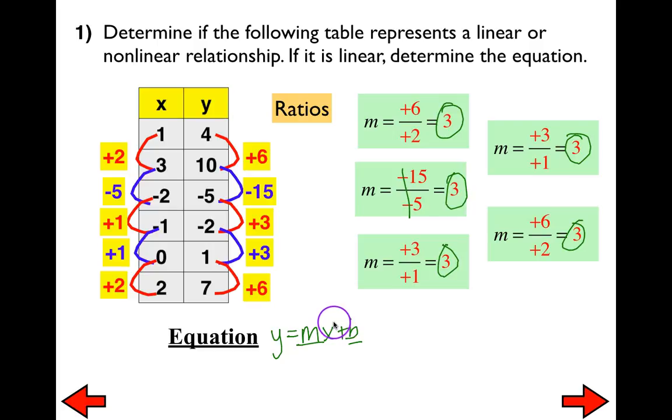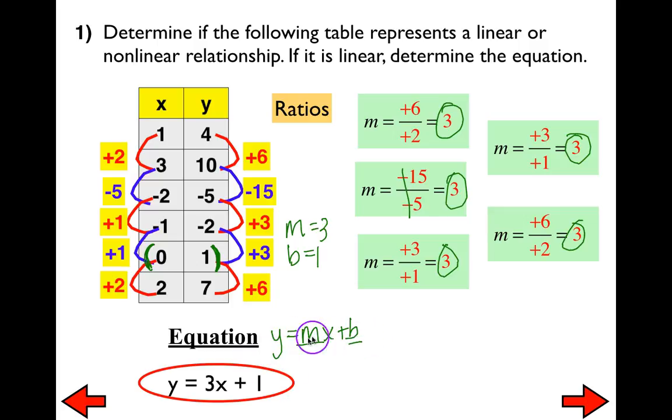Just a friendly reminder, b is your y coordinate in the y-intercept. So here I'm going to say this is my y-intercept. How do I know this is the y-intercept? Because the y-intercept is when x equals 0. So since x equals 0, b would be 1. So now that I know m is 3 and b is 1, my equation is going to follow this format. So it would be y equals 3x plus 1, like so.